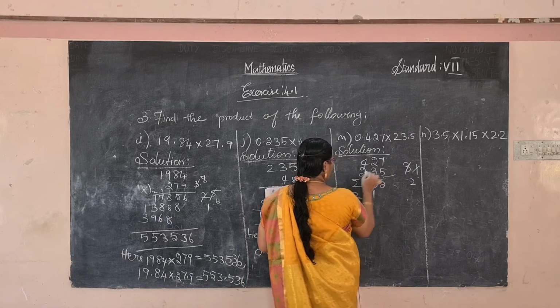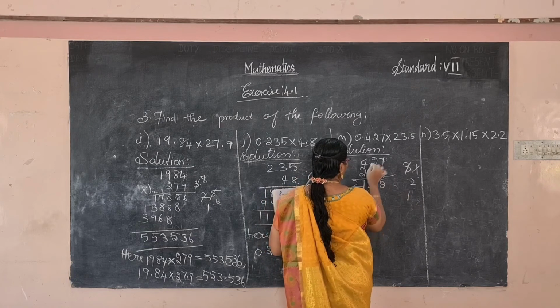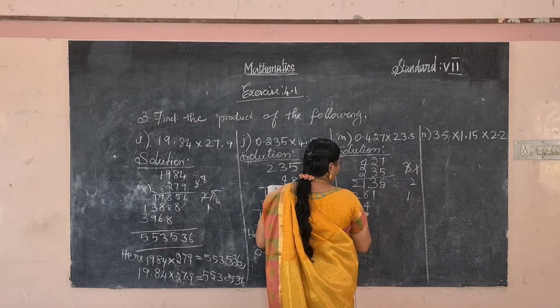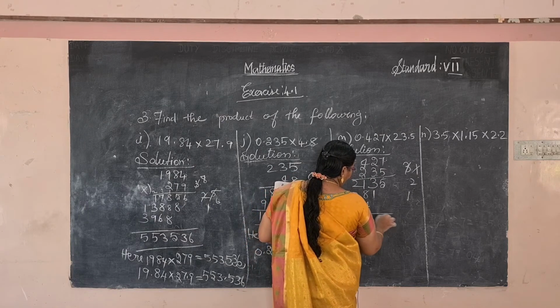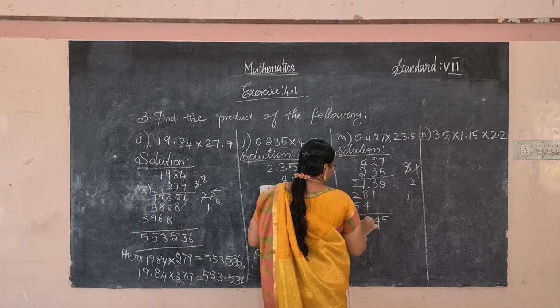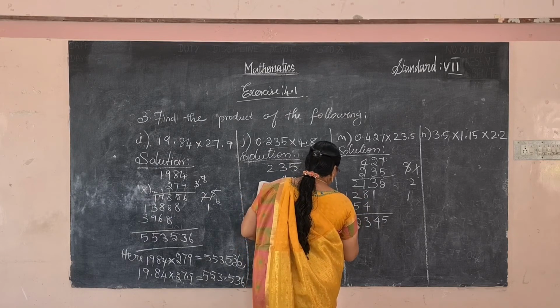And next, the number 2, 2 table. 2 7s are 14. Remaining 1. 2 2s are 4. 4 plus 1 is 5. 2 4s are 8. Now add 5, 4, 12, 13, 10, 10.